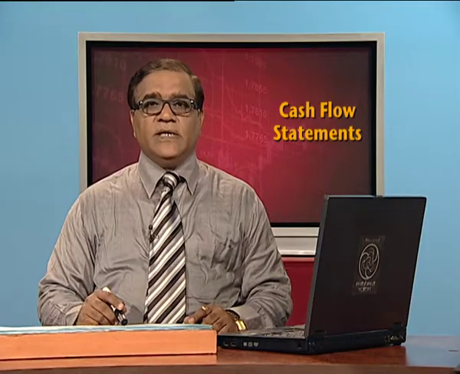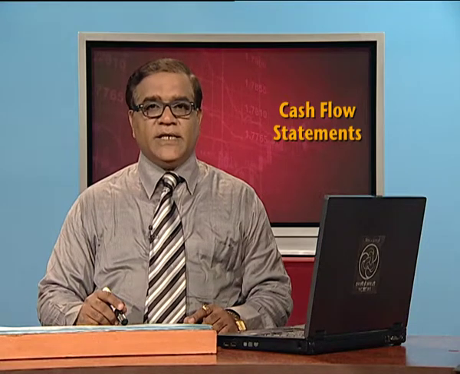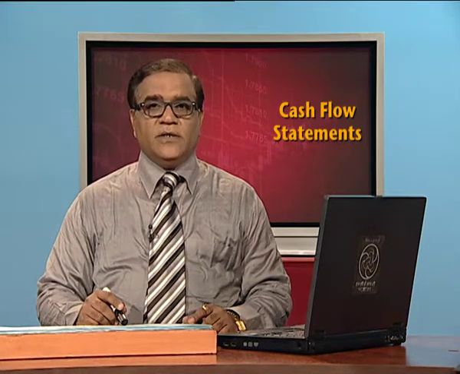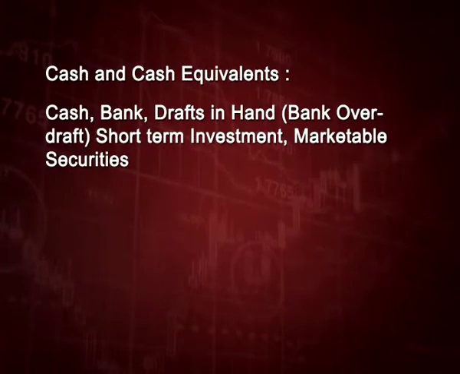Now, first of all, let us understand some important terms which are going to be used in this chapter. The first very important term is cash and cash equivalent. First of all, it includes cash, bank, drafts in hand, bank overdraft, though it is a negative item, short term investment, marketable securities.